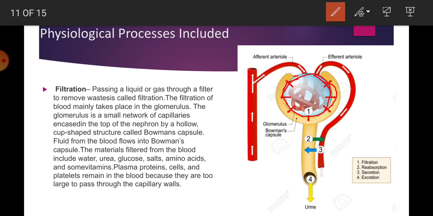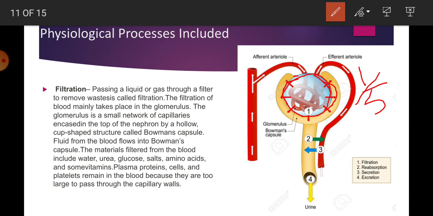But the plasma proteins and cells such as RBC, WBC or platelets remain in the blood because they are too large to pass through the capillary walls. From the blood, one fifth of the liquid is filtered into the Bowman's capsule, where many necessary substances have gone, such as glucose, salts, and amino acids.